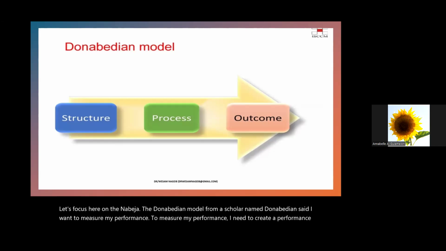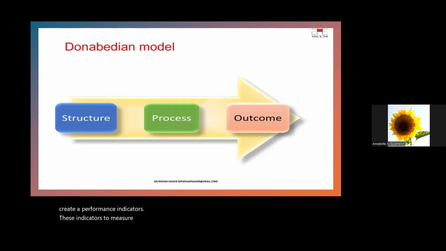These performance measurement indicators I will divide into indicators specific to structure, indicators specific to process, and indicators specific to outcome. So, to assign an indicator to each of these, I need to know what might fall under structure, what under process, and what under outcome.